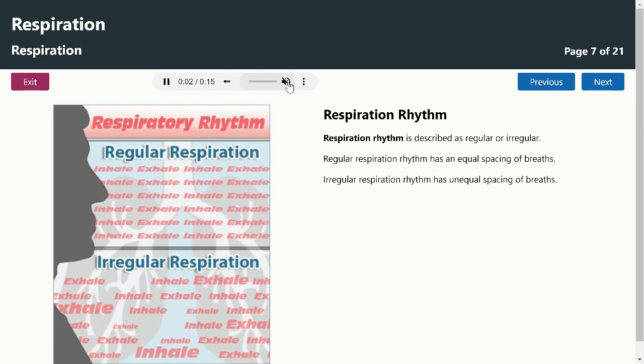Respiration rhythm. All right, so respiration rhythm is described as regular or irregular. Regular respiration rhythm has an equal spacing of breaths. Irregular has an unequal spacing of breath. So we say 12 to 20, nice and easy, just breathing normally. If you're breathing fast, breathing slow, like it's not a regular rhythm, then that's gonna be irregular.